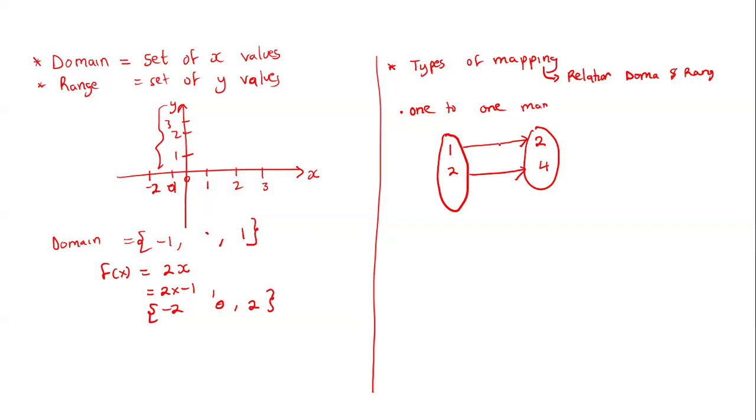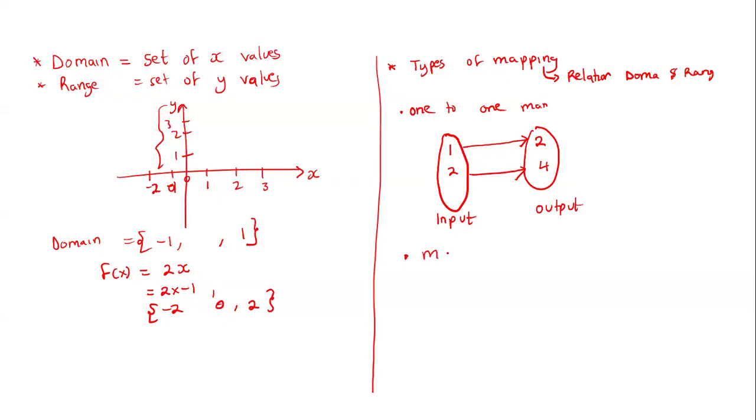That is what we call a one-to-one mapping. Sometimes we call these the inputs, and these the outputs. So that is what you need to know about one-to-one mapping: every element in the domain maps to only one element in the range. We call those one-to-one mapping.